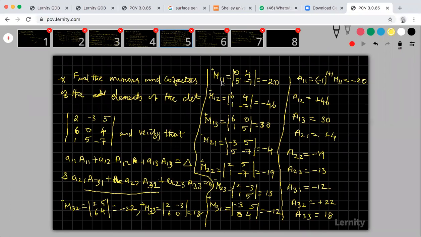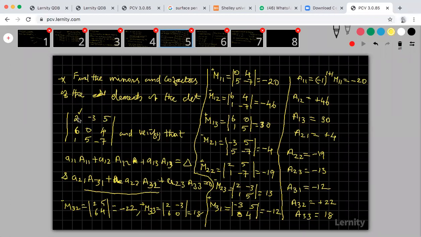Look at that. This is minor 1, first row, first element. The minor of the first row, first element, M11. How do we find the minor? Leave this row and leave this column.